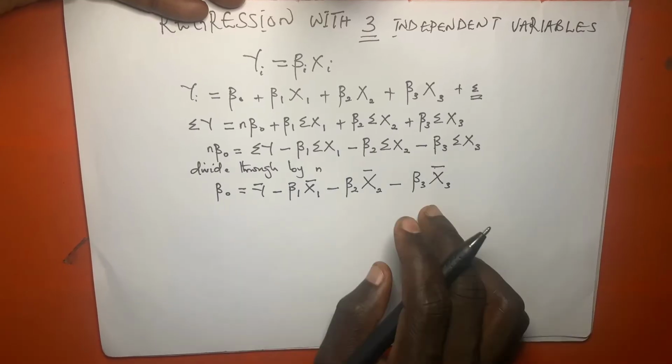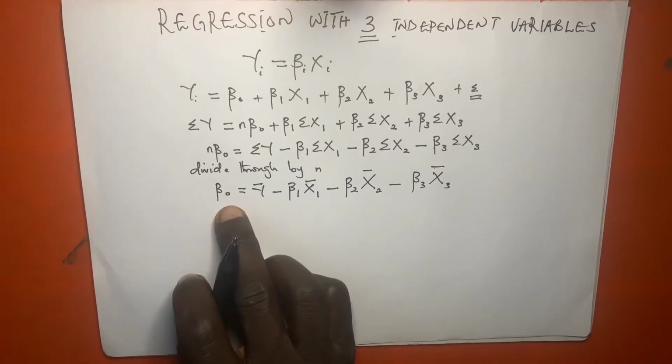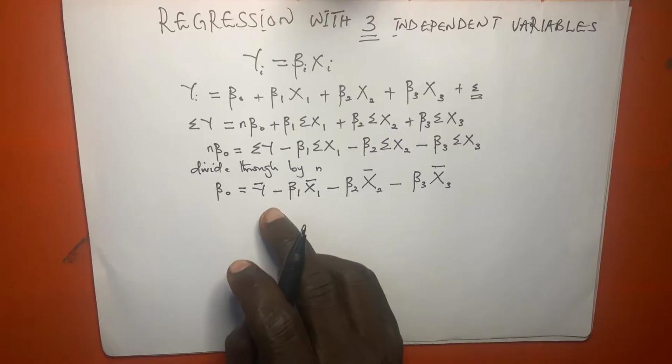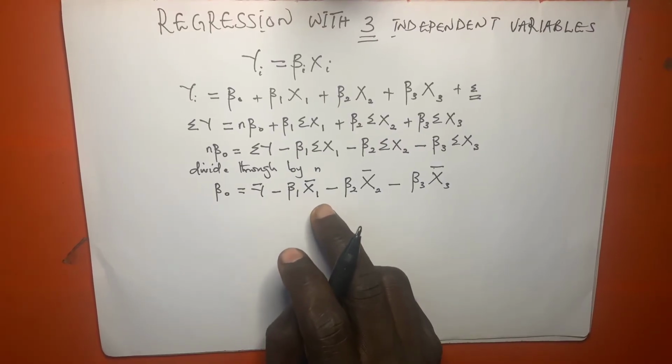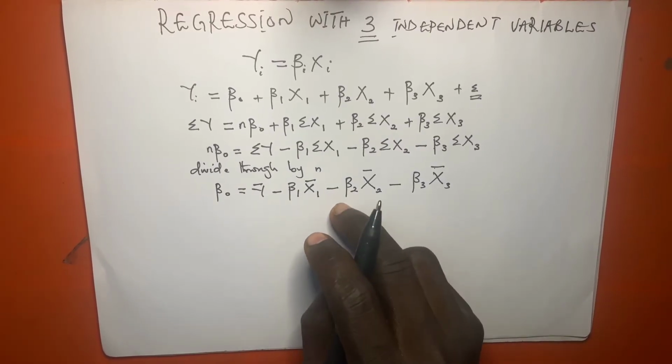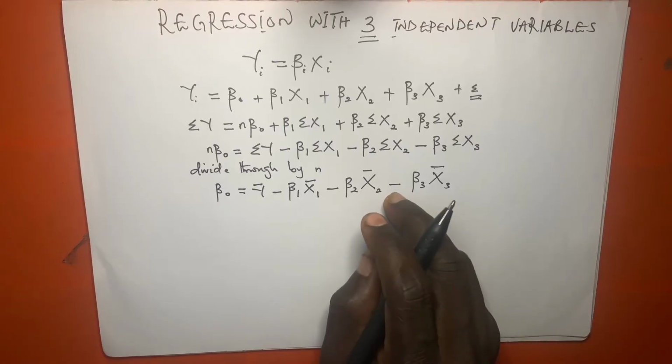So this is the formula we're going to use to get our beta naught: y bar minus beta 1 x1 bar minus beta 2 x2 bar minus beta 3 x3 bar.